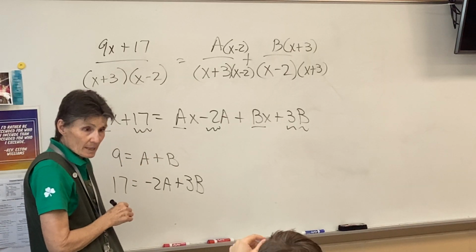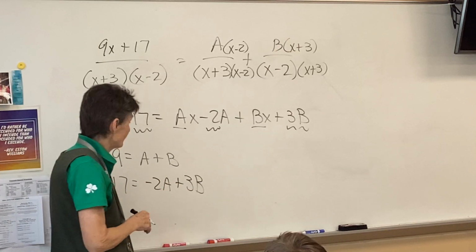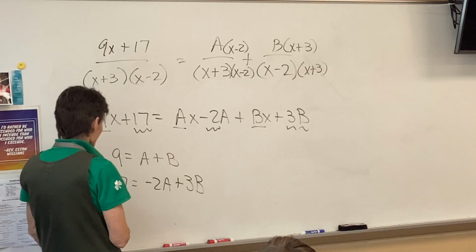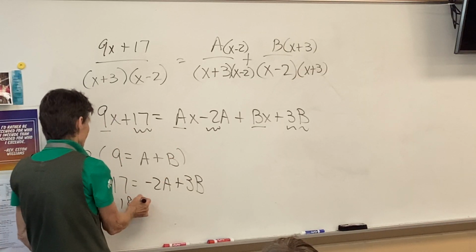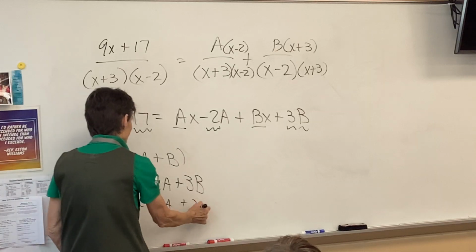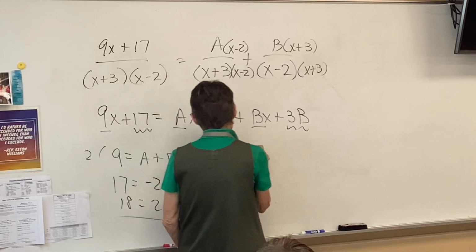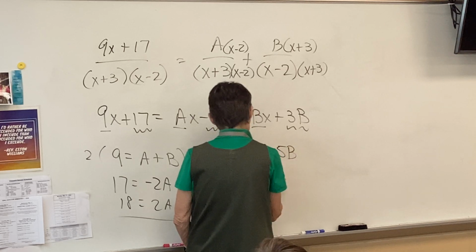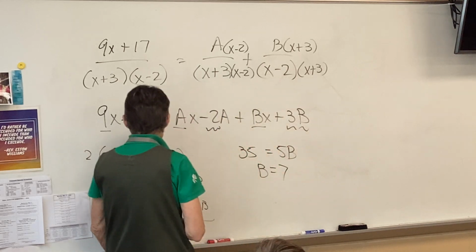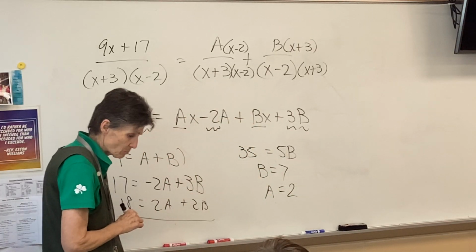Anything with an x on the right equals the x's on the left. Okay, so I'm gonna just multiply this one by 2. So I've got 35 equal to 5b. I got b equals 7, and a equals 2. You work that out and see if that's what you get.